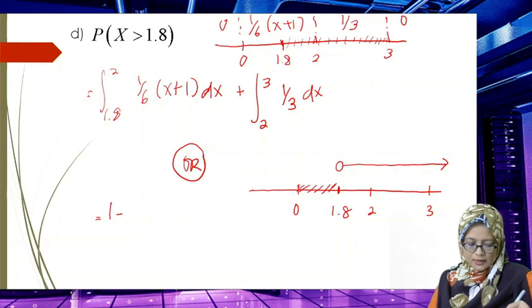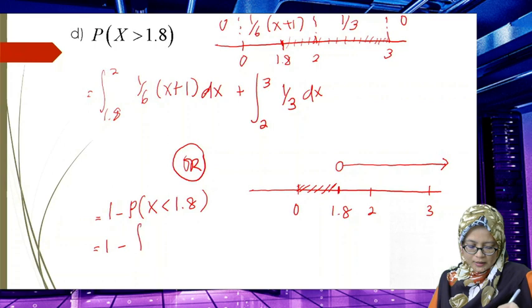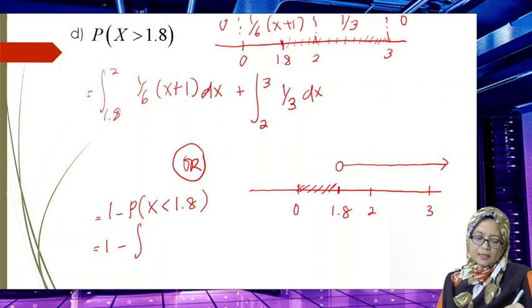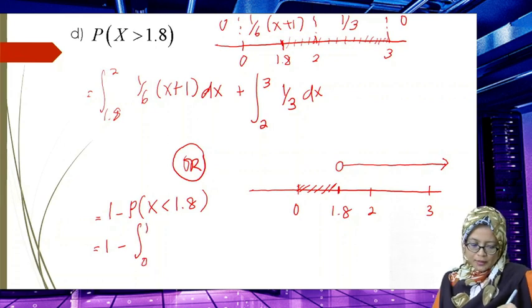Maksudnya semua sekali total dia adalah 1 tolak probability x less than 1.8. So ini 1 tolak probability start daripada less than, maksudnya awak punya starting interval adalah 0 sampai 1.8. Function tadi adalah 1/6 x plus 1.